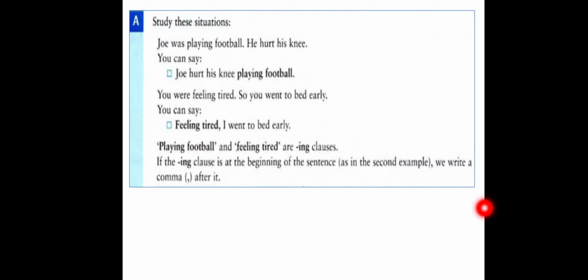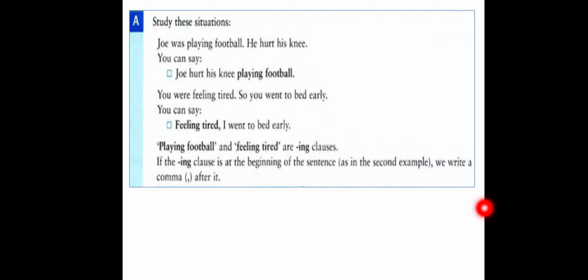What remains? Feeling tired, comma, I went to bed early. Who is feeling tired? I. The subject after the comma, I, is the subject of the subordinate clause feeling tired, which is called a reduced clause.